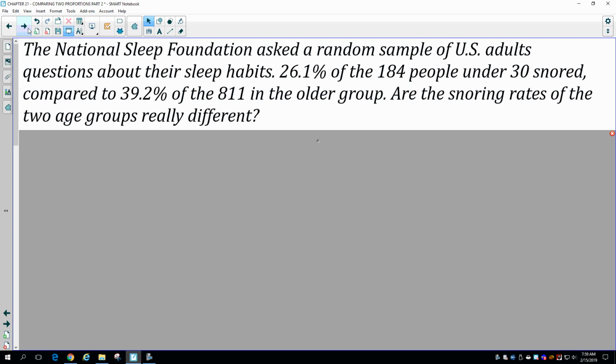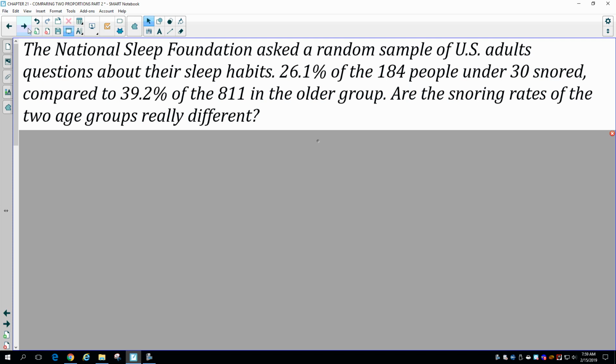This sleep foundation is trying to figure out things about people's sleep habits, and specifically they asked a question about snoring habits. They broke the group of people up into those under 30 and those 30 and over, because they wanted to see if there's a difference in sleeping habits between younger and older adults.